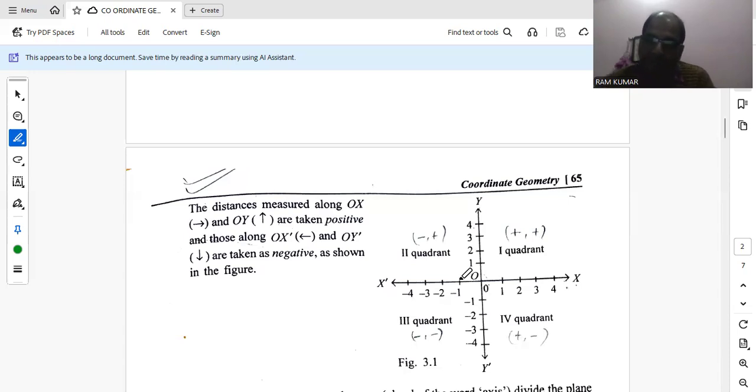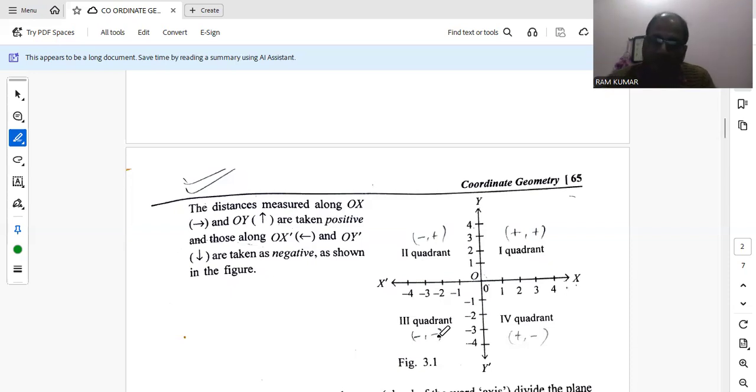If both coordinates are positive, the point lies in the first quadrant. If the x coordinate is negative and the y coordinate is positive, the point lies in the second quadrant.